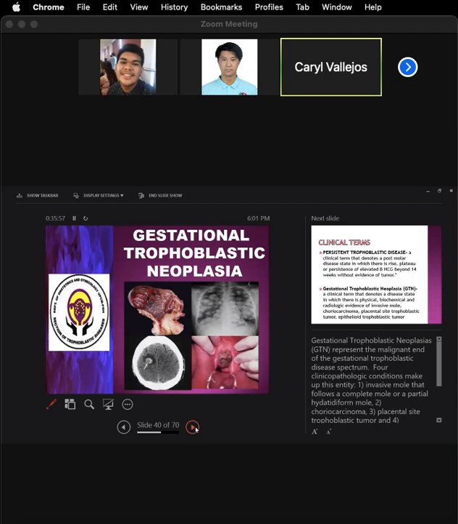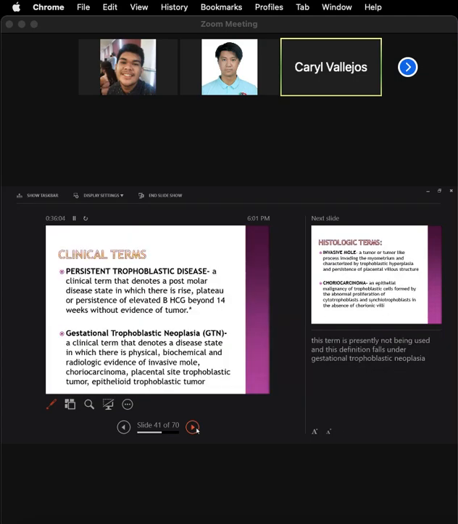For the clinical terms, we have persistent trophoblastic disease and GTN. Persistent trophoblastic disease is not presently being used, and these definitions fall under gestational trophoblastic neoplasia. Dati, they called it persistent trophoblastic disease.